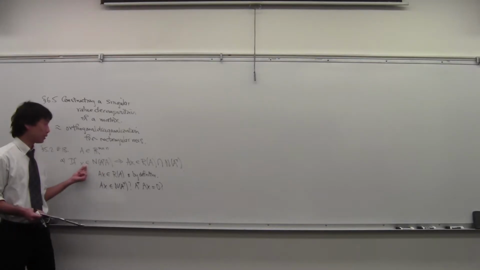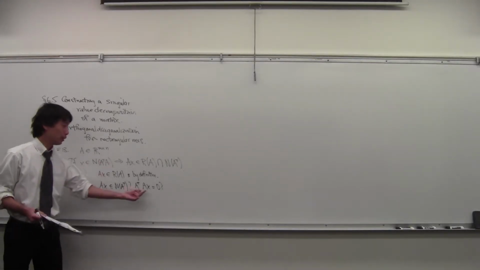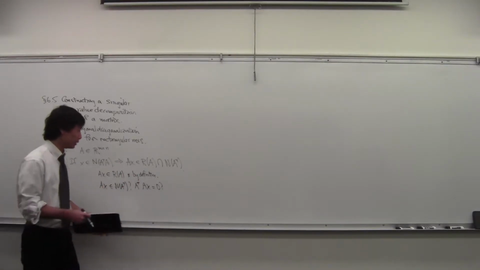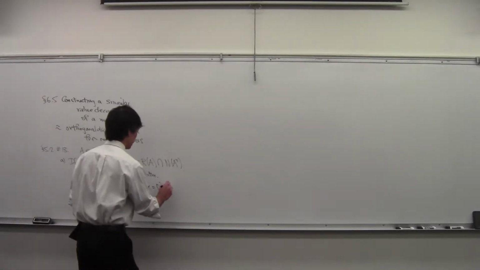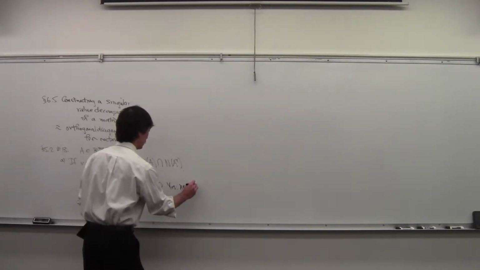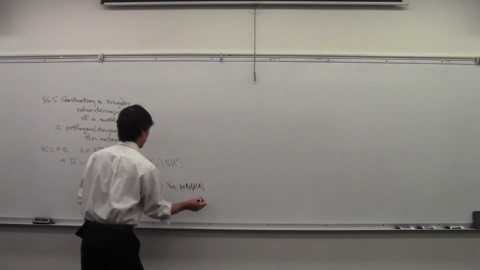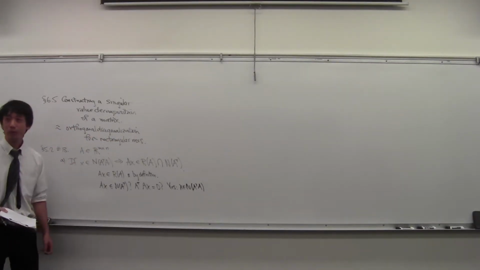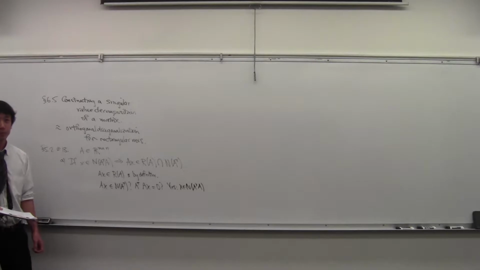X is in the null space of ATA, so AX is in the null space of AT. So this first part was really very simple.